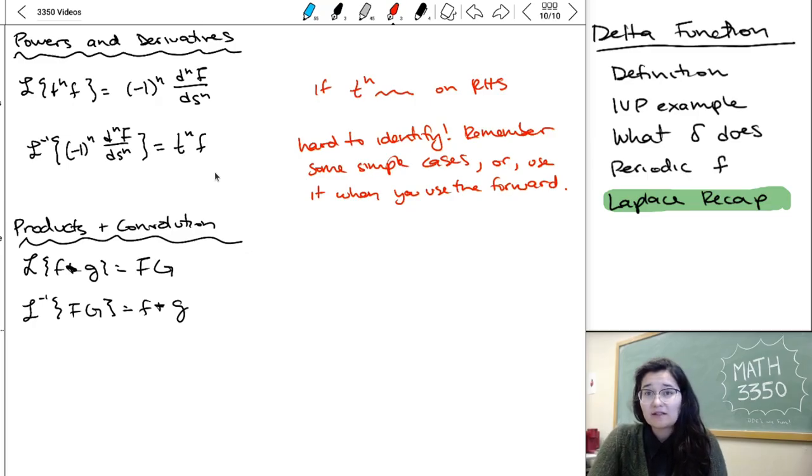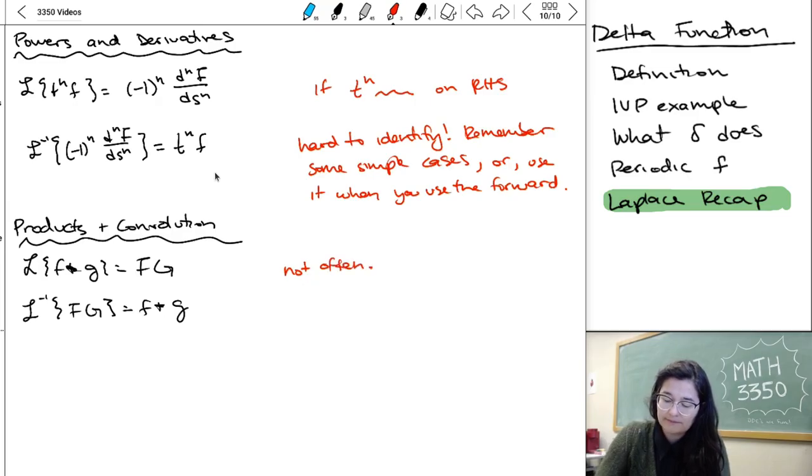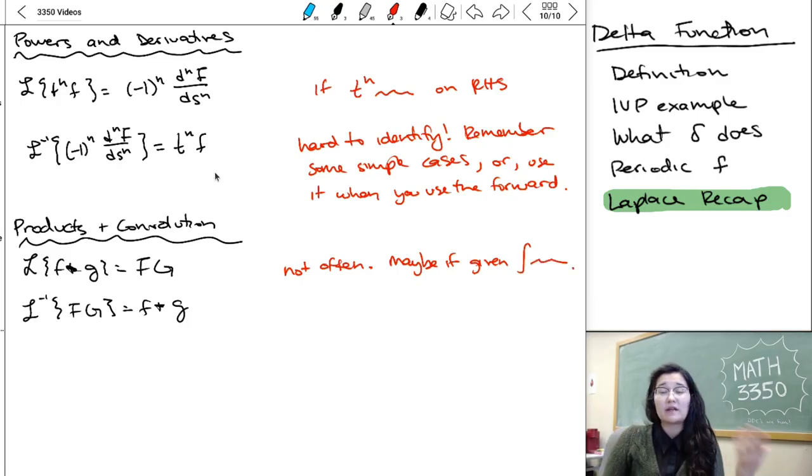And for these ones, the forward we don't use often. So if we're given some kind of integral that looks like convolution, we can take the forward Laplace of it. But in terms of differential equations, somebody's going to write down for you, this doesn't come up a lot. It's the inverse that ends up being pretty useful for us.